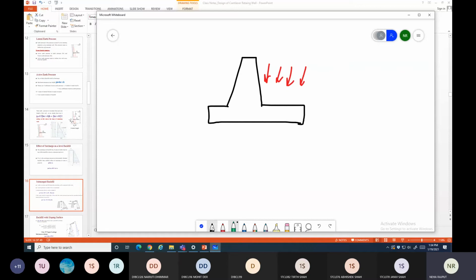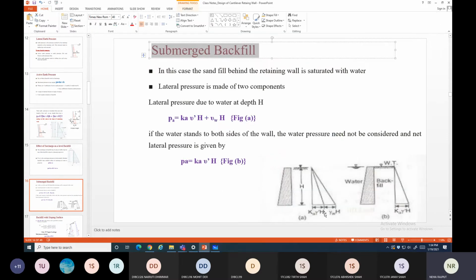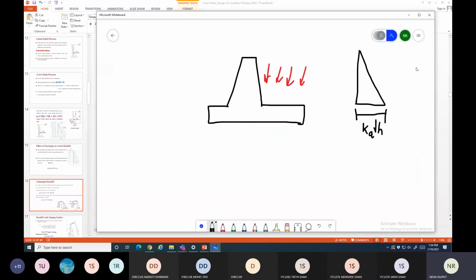Then the diagram for the pressure will change. The very first dry soil pressure diagram is a triangle. So this is the diagram for the backfill, K gamma into H, and the water pressure diagram is also a triangle.